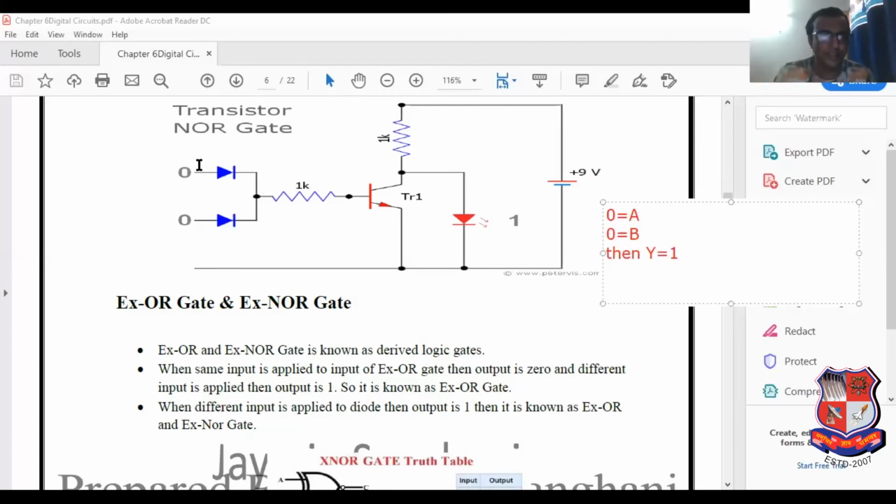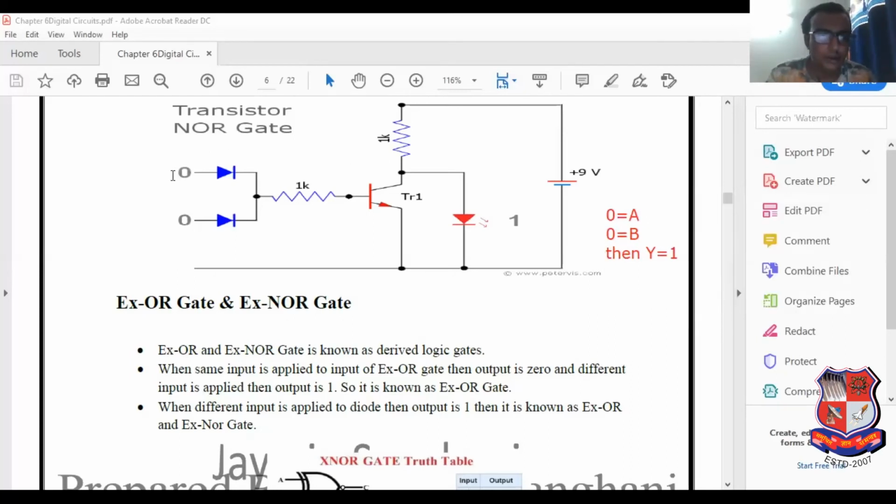Now describe the second case. If here we apply input 1, here also input 1, then obviously the diode can be turned on. So here also we get 1 volt, but with 1 volt at the base terminal, the voltage here is 0. Why?